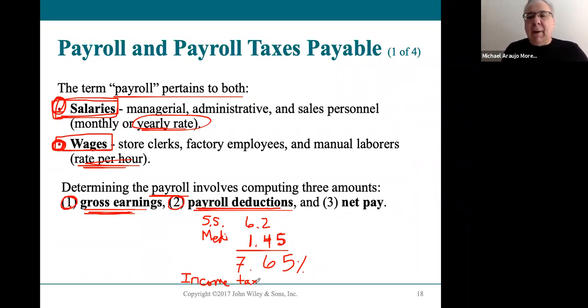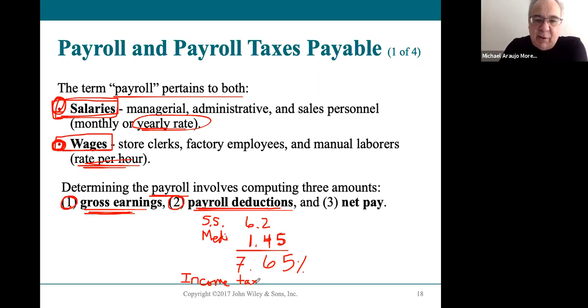For those folks that don't make much money, maybe just a summer job, they can write in they're exempt from that. But that only means they're not expected to pay a federal income tax.